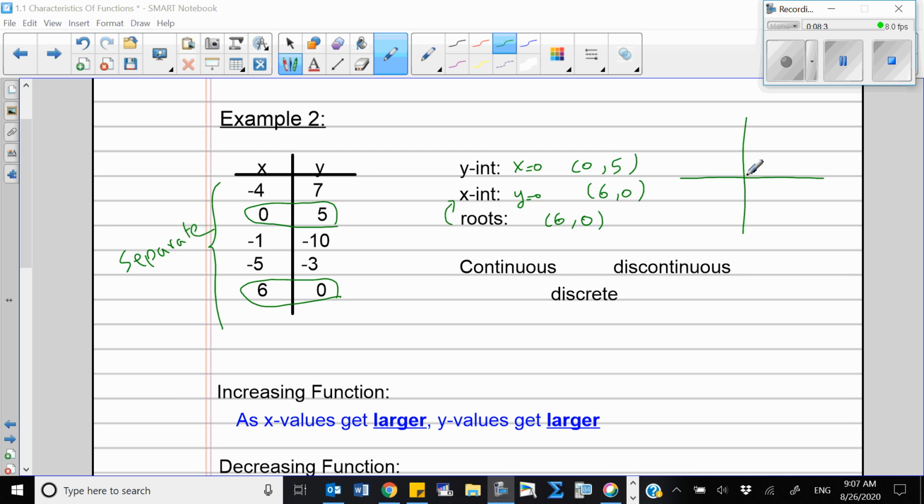So see, for example, (-4, 7) is going to be somewhere like here. (0, 5) is going to be, let's say, here. (-1, -10) here. (-5, -3), let's say here. (6, 0). So you see, we have just some separated points. Nothing is connected, so we call this a discrete function.